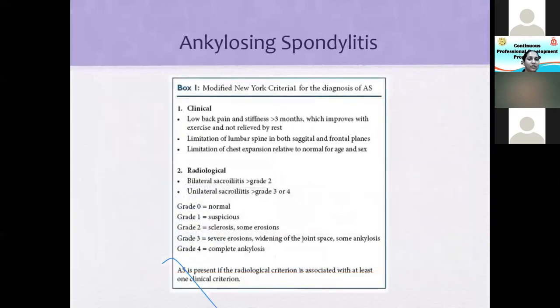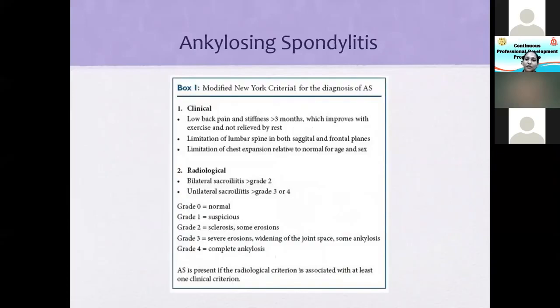When you consider ankylosing spondylitis, the modified New York criteria for the diagnosis of ankylosing spondylitis, you have the clinical criteria as well as the radiological criteria. There are three clinical criteria: low back pain and stiffness lasting more than 3 months, which is improved with exercise and not relieved by rest.